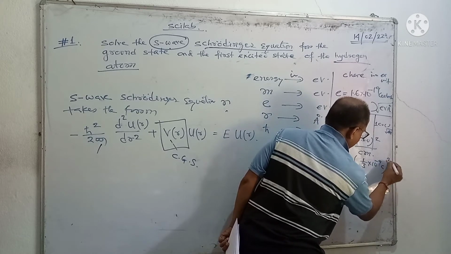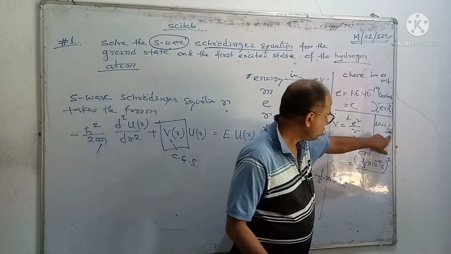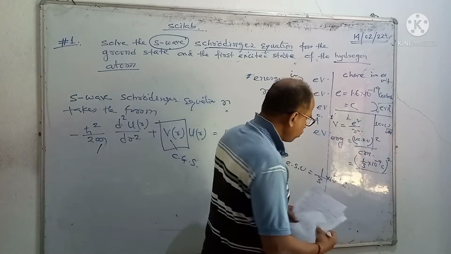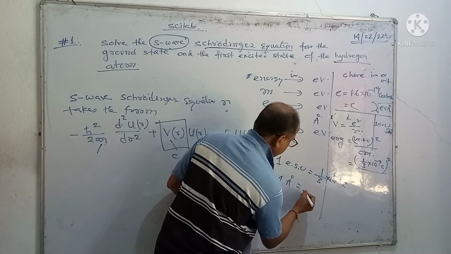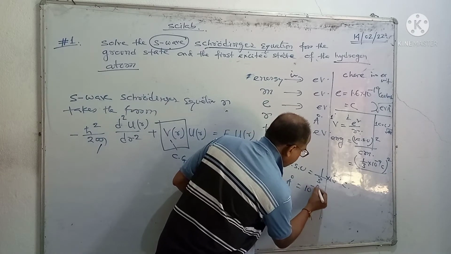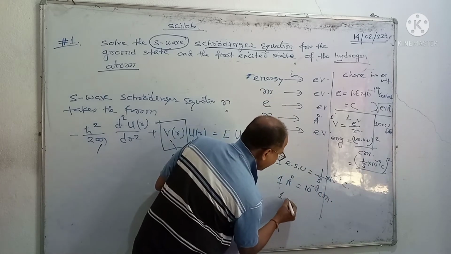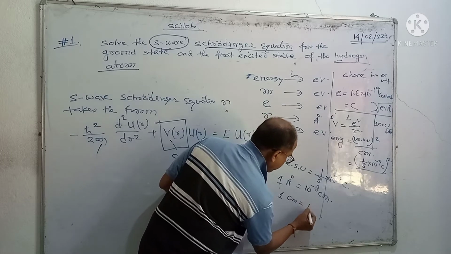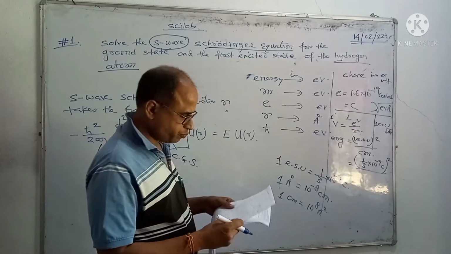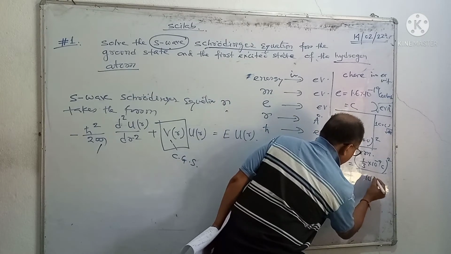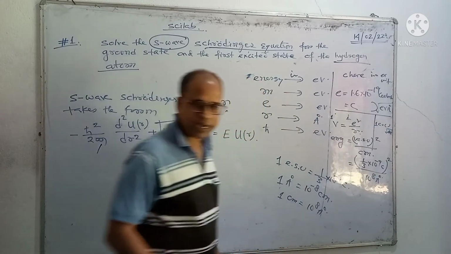Whole square by. Now, centimeter must be converted to angstrom. Therefore, 1 angstrom is equal to 10 to the power minus 8 centimeter. Therefore, 1 centimeter is equal to 10 to the power 8 angstrom. Okay? Done?